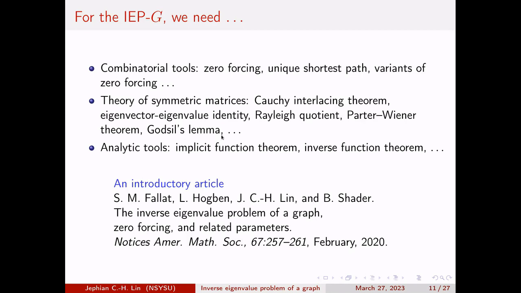Of course, it is not referred to as Godsil's lemma in his book, but it was referred to as Godsil's lemma in Hamers' book, The Spectra of Graphs. Anyhow, there's just a beautiful theorem about the eigenvalues of a tree that can help us understand the eigenvalue multiplicity of a tree.